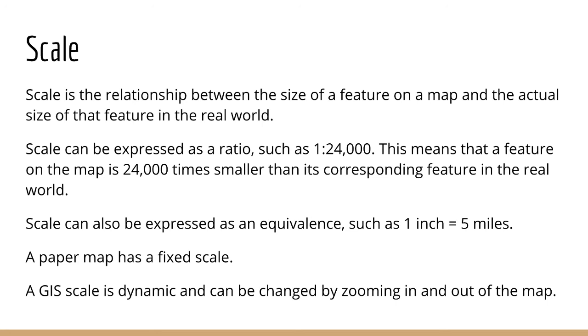It starts to make sense when you see it like that. When you write it like a fraction, it makes even more sense, because 1 divided by 1 million is a smaller number than 1 divided by 24,000. So small scale, large scale. That's a ratio or a representative fraction. You see it expressed like that often.